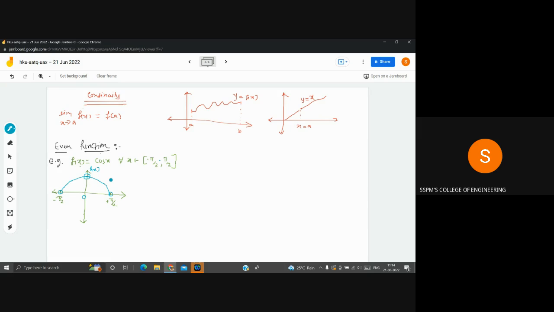Am I right? So the human body is also symmetrical, but thoughts are not symmetrical. Okay.